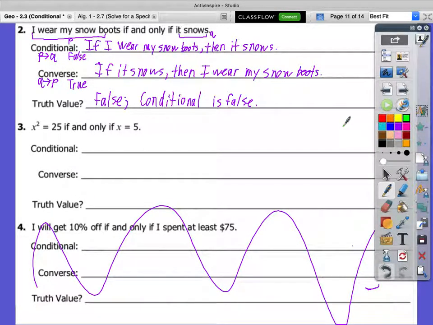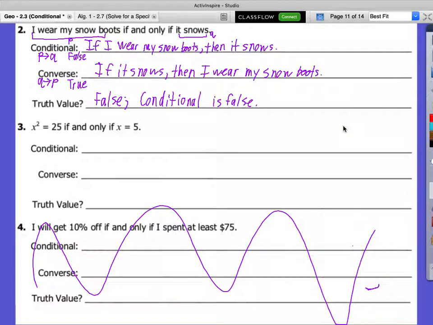So, x squared equals 25 if and only if x equals 5. Okay, so we're going to try this. If you need help on this, raise your hand right now.